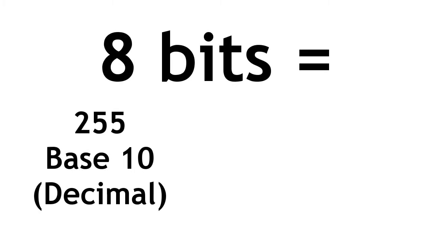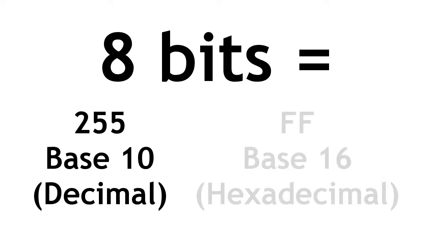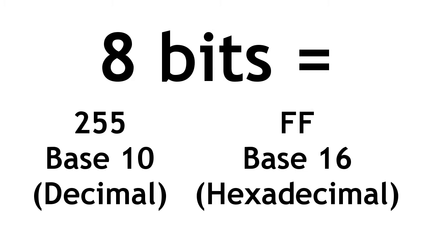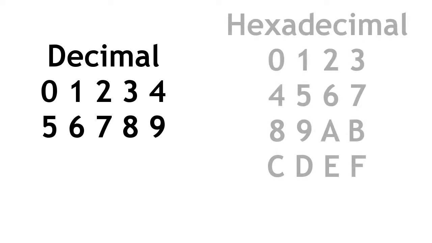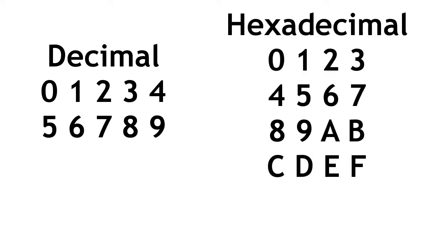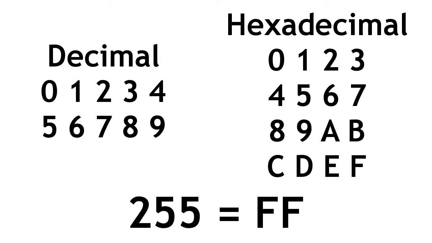A binary number that has 8 bits has a maximum value of 255. This is rather awkward, so instead of decimal, base 10, we use hexadecimal, base 16. In this system, instead of adding to the next digit when reaching 10, we do so when reaching 16, by going from 0 to 9, then A to F. This means 255 is written as FF, but it gets even better.